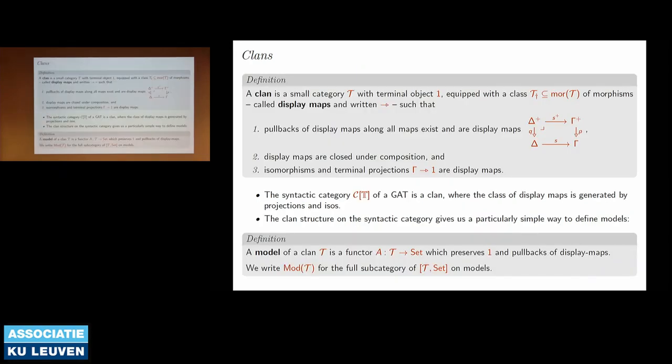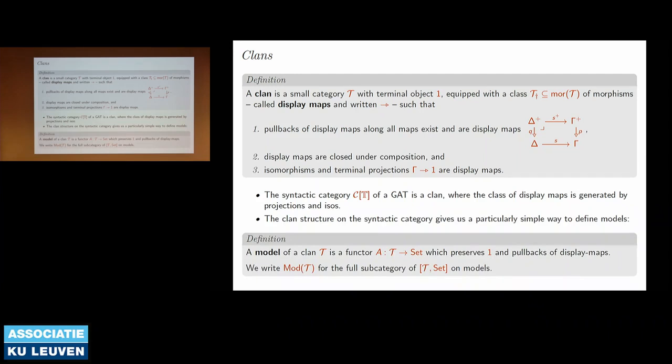So what is a clan? We've already seen in the previous talk, but I'm going to recall it. A clan is a small category with a terminal object and a class of arrows that I'm going to call display maps. We can also call them fibrations. These are supposed to be closed under composition, contain terminal projections, and pullbacks of display maps along arbitrary maps exist, and are again display maps.